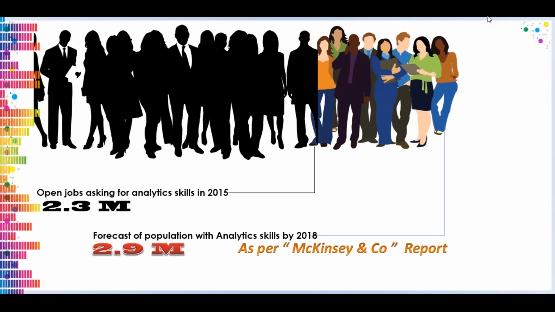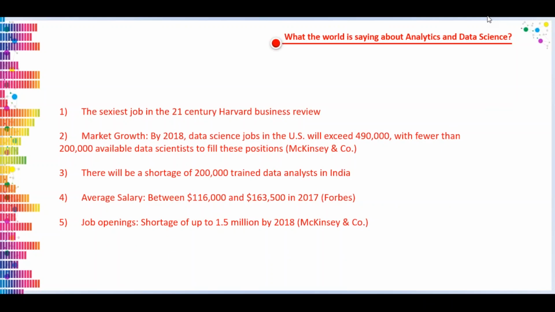Almost 1.5 million jobs are in shortage across the globe. As per the 2017 Forbes report, the average salary is between $116,000 and $163,000, in dollars. So this is the salary trend.